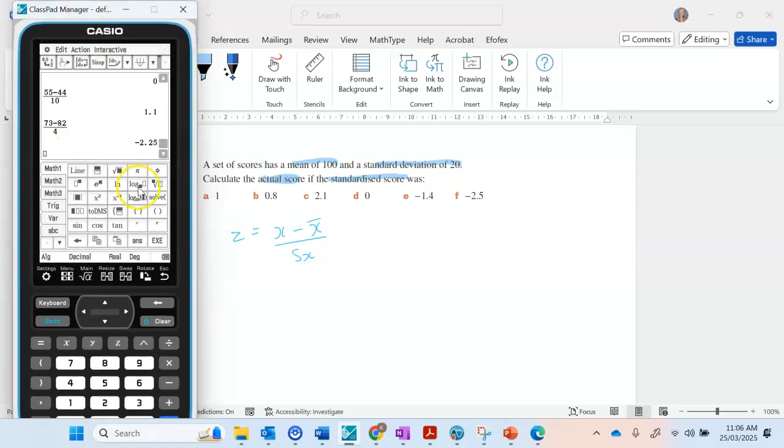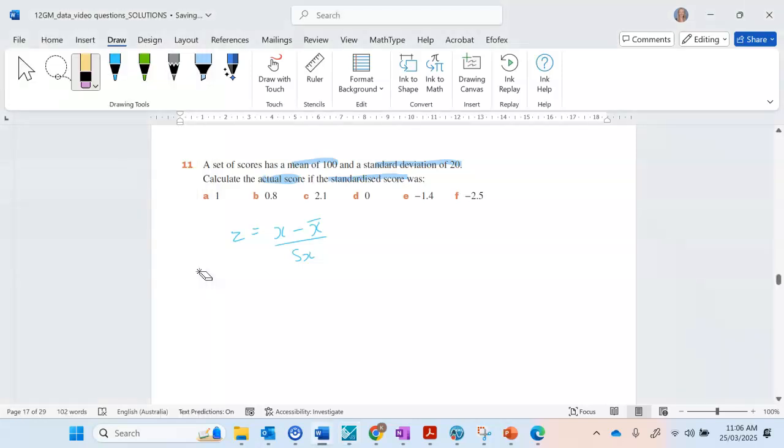All right, so solve, and Z for the first one is equal to 1. So we've got 1 equals, and then I can put my expression in. So X is what we're solving for, minus the mean. It told us in the question that the mean is 100, over 20, and then we're solving for X. All right, so X is equal to 120.